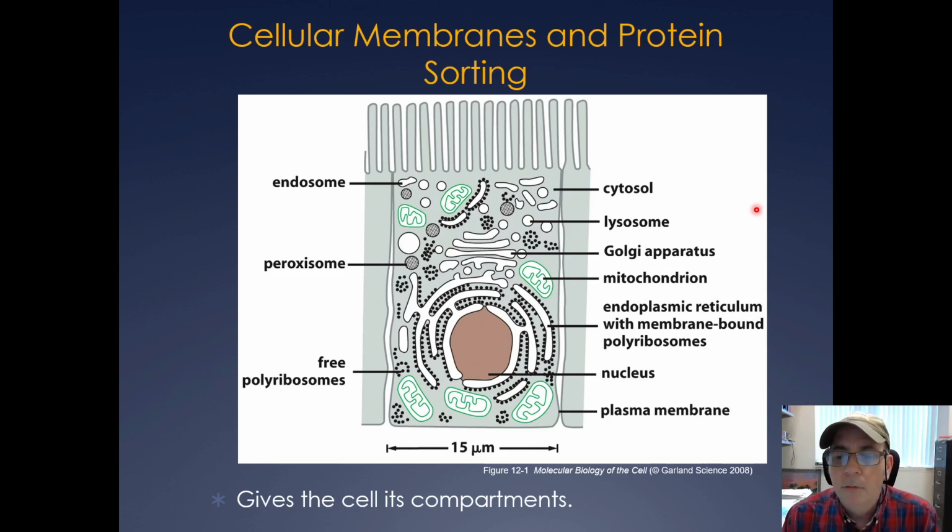Okay, now as I've tried to drive home, the importance of this is that there are different compartments in the cell. We saw this on the first day of class. Here are some of the cell compartments, and it's going to be important over the next few lectures to really know what's happening in all of these different compartments, right? You're going to need to know what's happening in the endosome, the peroxisome, the Golgi apparatus, the mitochondria, the endoplasmic reticulum.